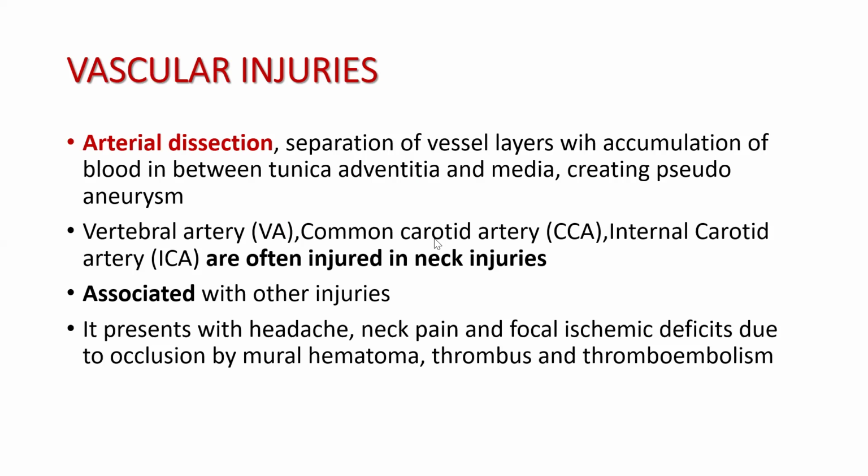These are usually associated with other injuries, especially in the neck region, and the patient will present with headache, neck pain, and focal ischemic deficits due to occlusion by hematoma, thrombus, and thromboembolism.